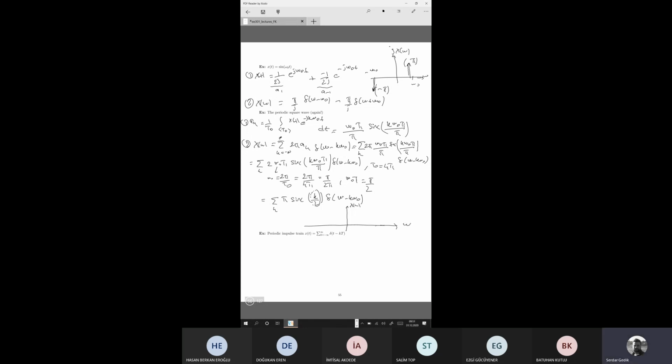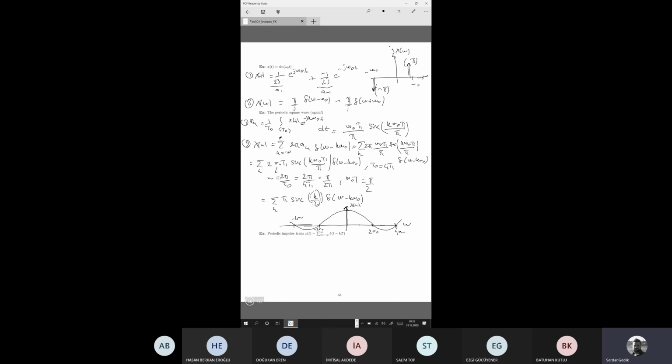For k equals 2, it means that I have 2 omega 0 here. For k equals minus 2, I have minus 2 omega 0 here. The sinc is 0. So this is the envelope. This is 4 omega 0. This is minus 4 omega 0. And in between, I have my impulses.